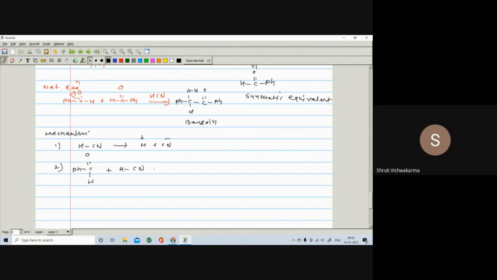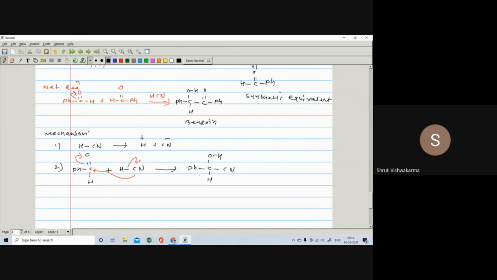The pi bond opens on the oxygen, O negative, and CN negative attacks the C positive, and O negative attacks the H. So we get PhCH(OH)CN.